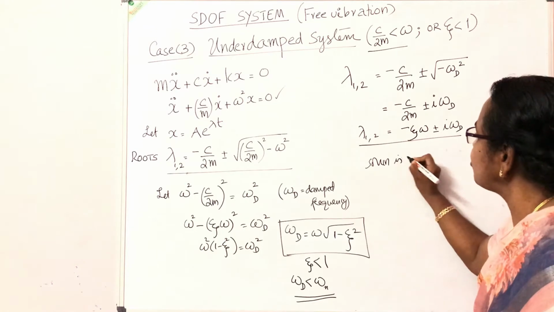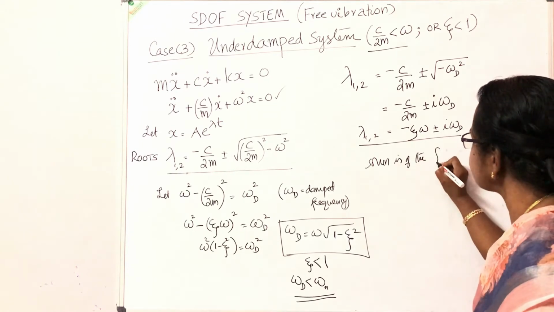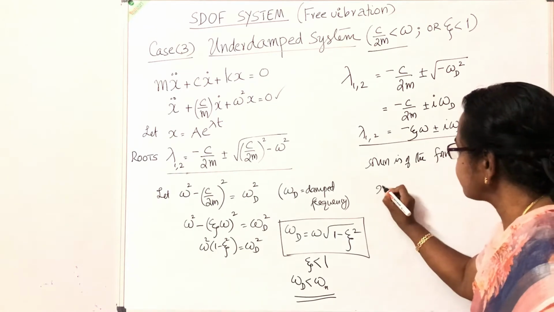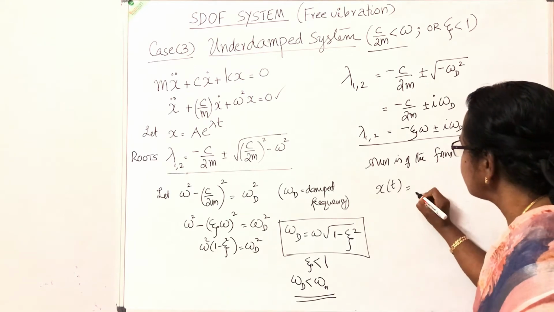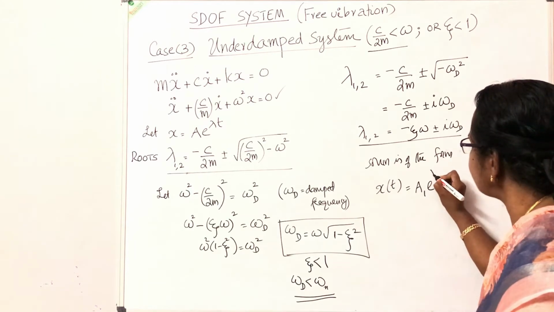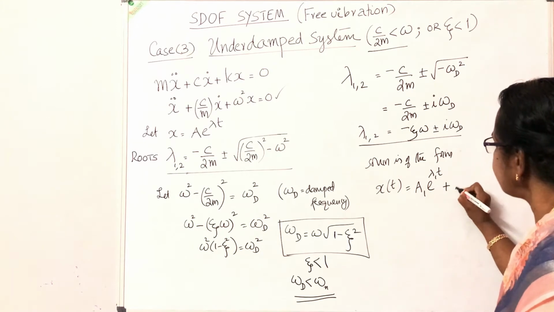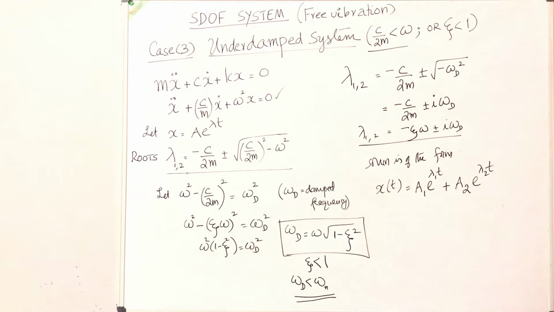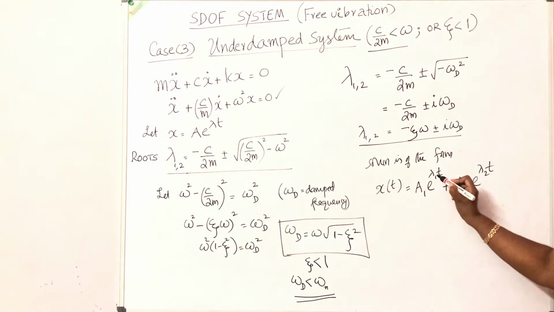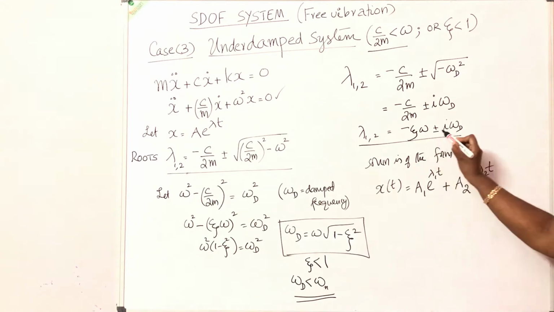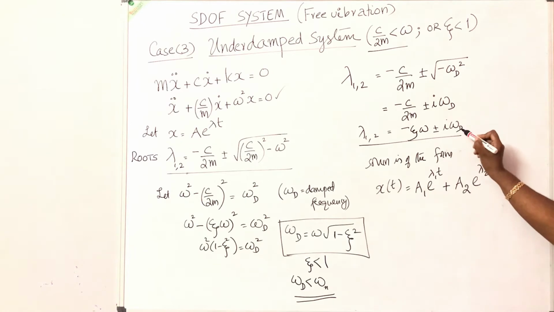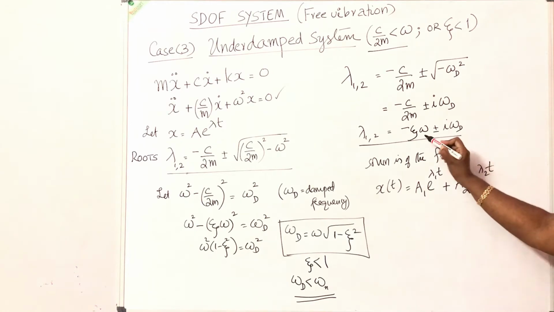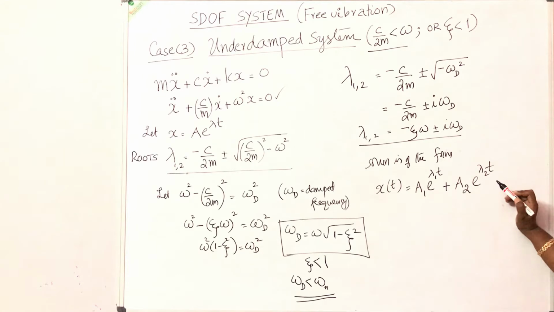is of the form x equal to A1 e raised to lambda 1 t plus A2 e raised to lambda 2 t. In this, for lambda 1 we substitute minus psi omega plus i omega d, and for lambda 2 we substitute minus psi omega minus i omega d.